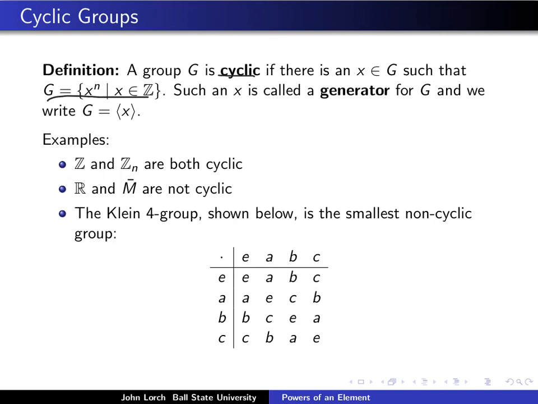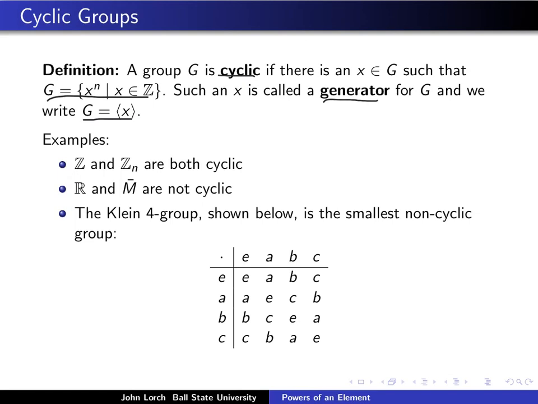That single element is called a generator for my cyclic group. And we would write G equals angle brackets x. Now sometimes cyclic groups can have more than one generator, but they have to have at least one generator.